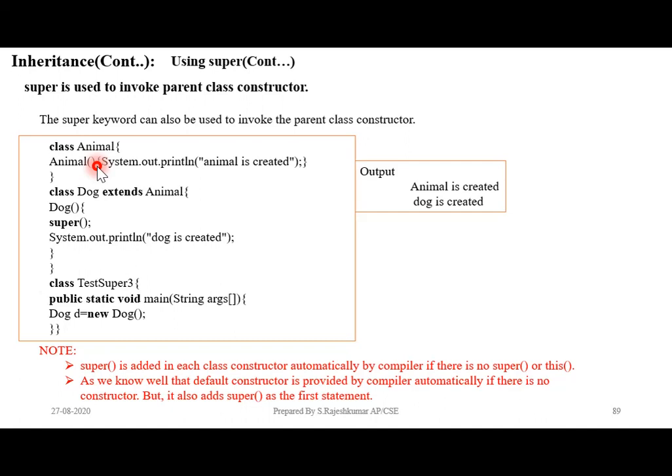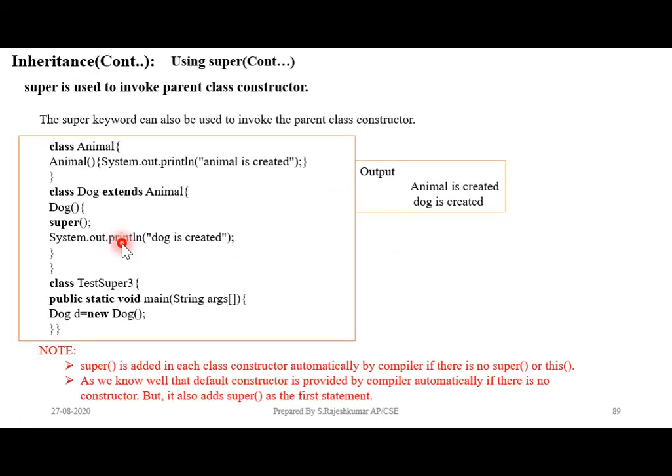When you create the object, the constructor is automatically called. Instead of creating the object, we simply put super, so we call the superclass. When we call the superclass, it automatically calls the constructor of your base class. So the Animal is created is executed first, then the Dog is created is executed. These are the important things in the super keyword.